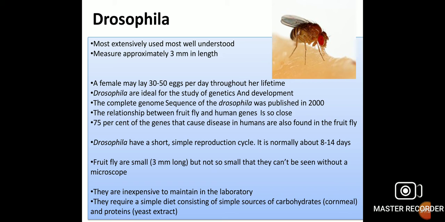Fruit flies are very small, but not so small that they can't be seen without a microscope. They are inexpensive to maintain in the laboratory, as they require less space. They also require a simple diet consisting of a simple source of carbohydrate, which is corn meal, and protein, which is yeast extract.